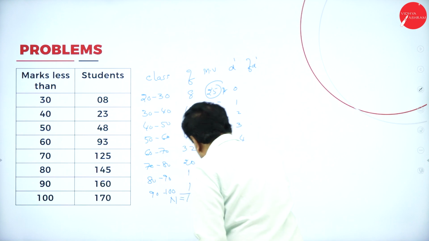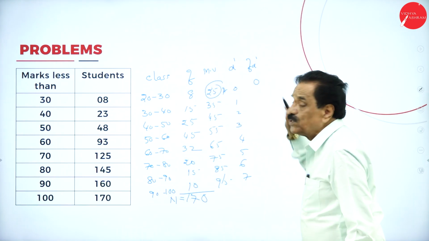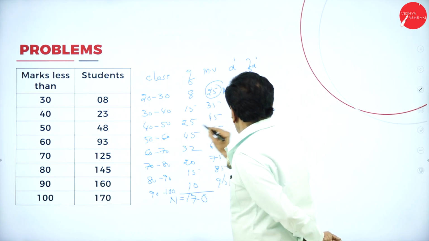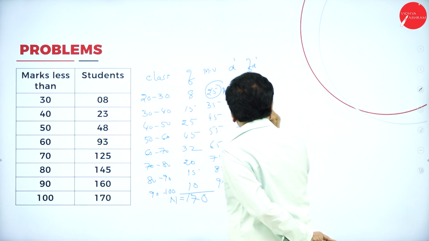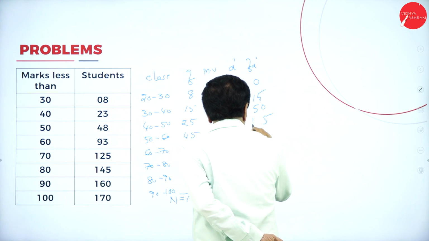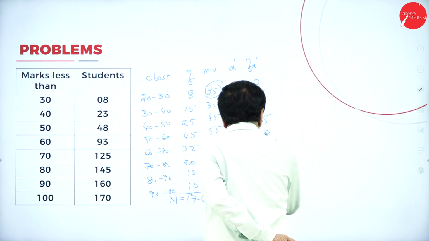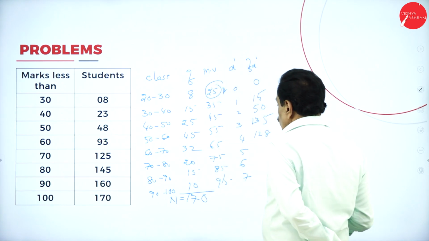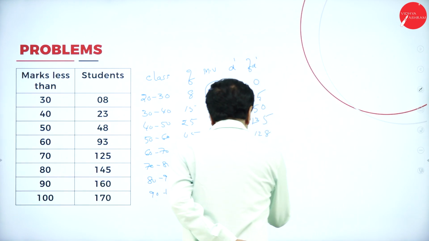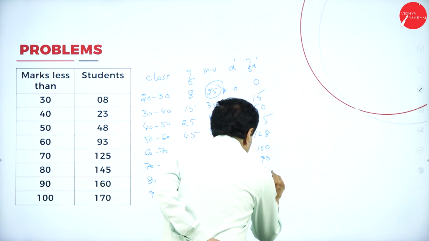This is your frequency. 8 into 0 is 0. 15 ones are 15. 25 twos are 50. 45 into 3 is 135. 32 into 4, 128. 20 into 5, 100. 15 into 6 is 90. 10 into 7 is 70.